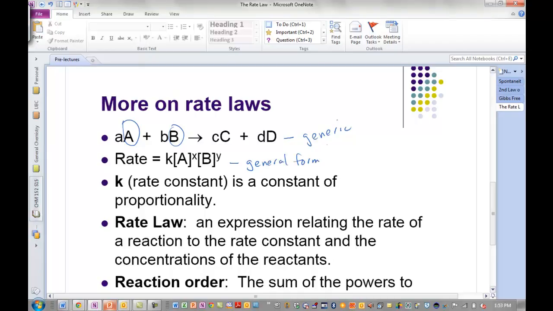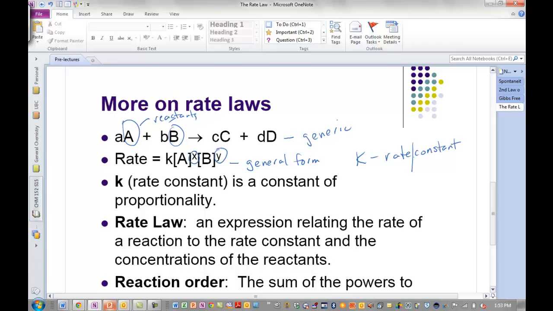Okay? The rate is equal to something called the rate constant. So k is the rate constant. All right, so the rate is equal to a rate constant times the concentration of each reactant. So again, we just focus on the reactants. So reactant A times reactant B. Now you'll notice these x and y.